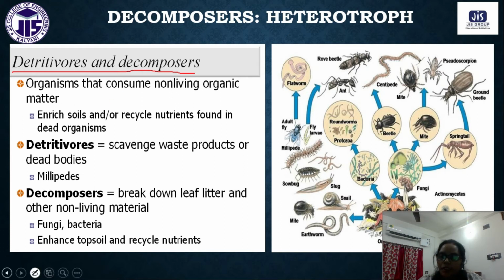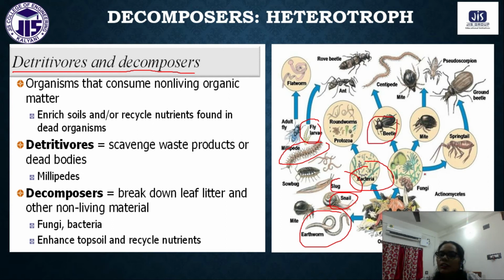They can be bacteria, snail, slug, earthworm, millipede, any type of fly, beetle, and centipede. These are examples of decomposers, organisms that consume non-living organic matter.